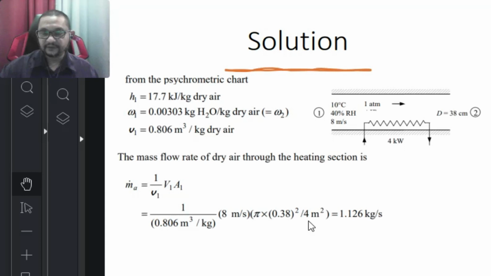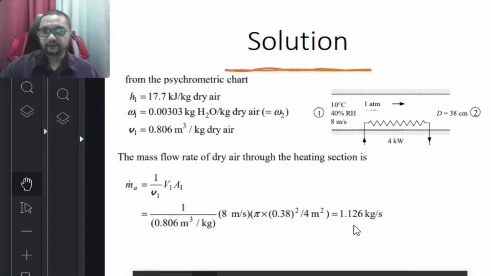Then the mass flow rate for the dry air is 1.126.